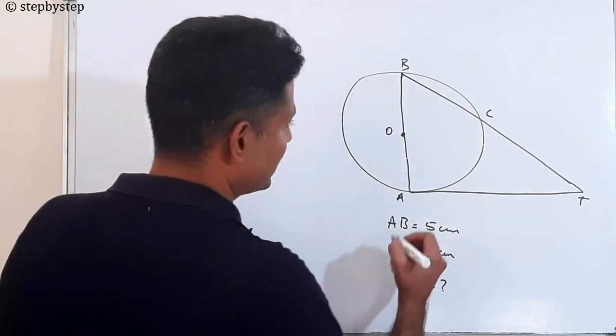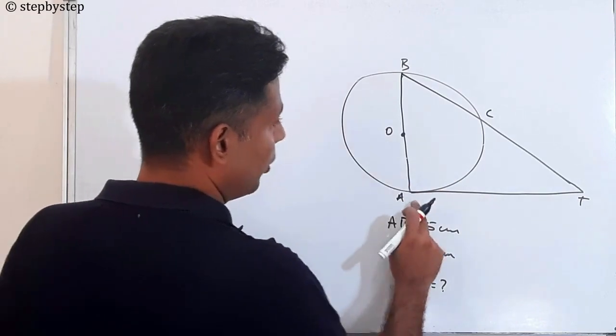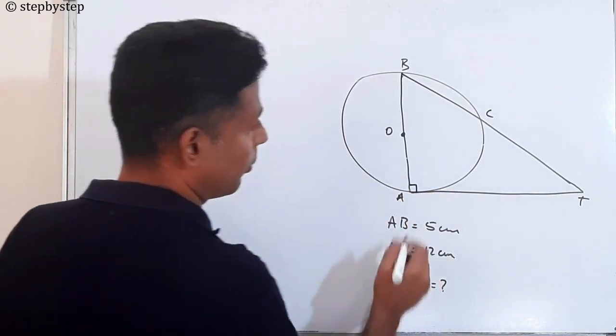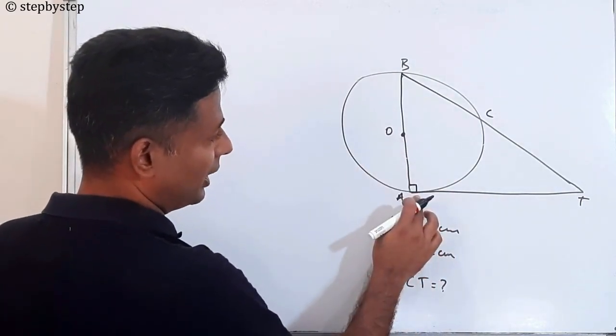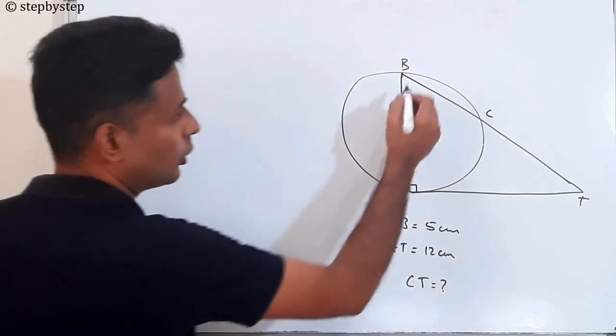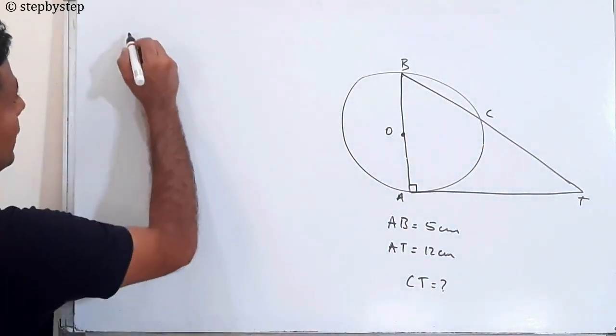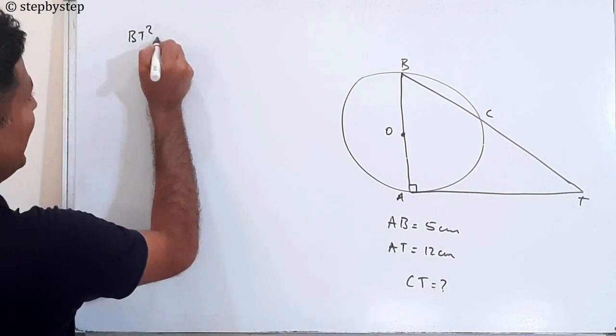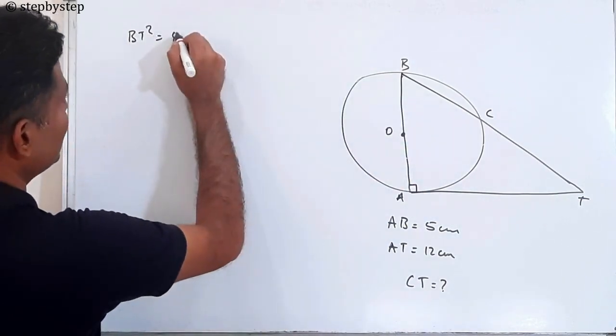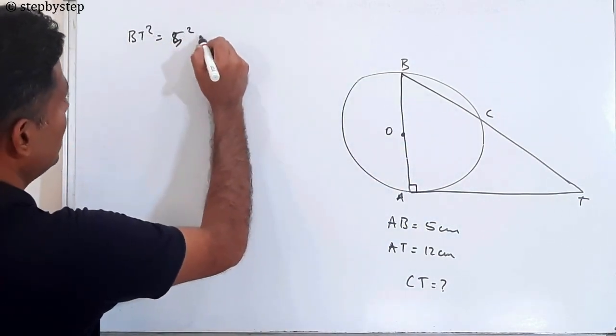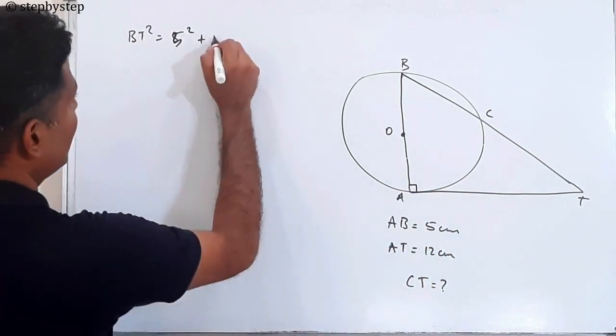Now what we'll do first is, we know AB, we know AT, and this is a right angle triangle. Why? Because the line from center to the tangent makes 90 degree. So we can find the value of BT. BT square equal to AB square, that is 5 square, plus AT square, that is 12 square.